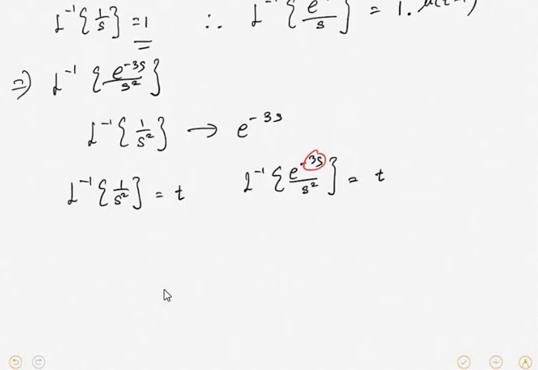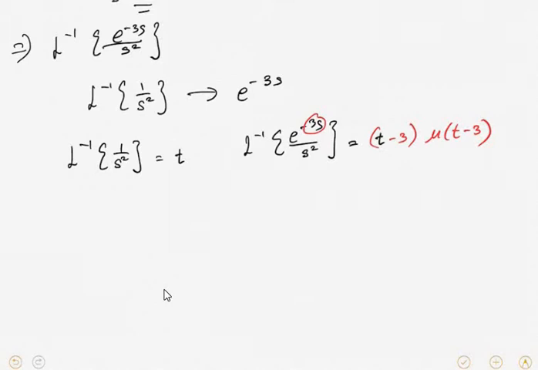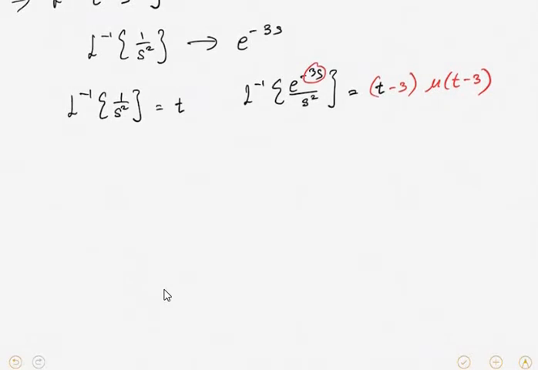So each t will be shifted by 3, so (t minus 3) u(t minus 3). This is the shortcut you need to know, because of the second shift theorem. So at the end, your answer is the same: 2 minus 3 u(t minus 1) plus 4 (t minus 3) u(t minus 3).